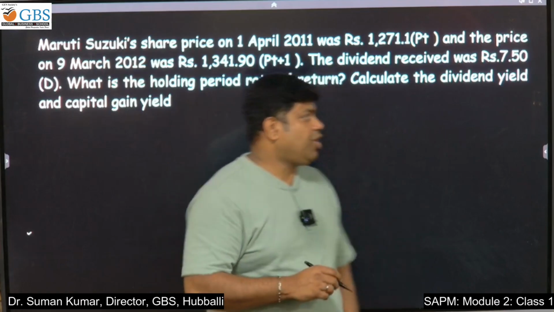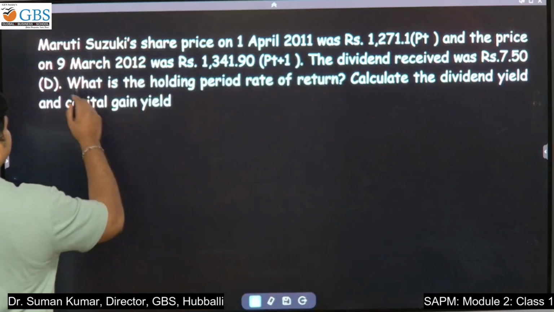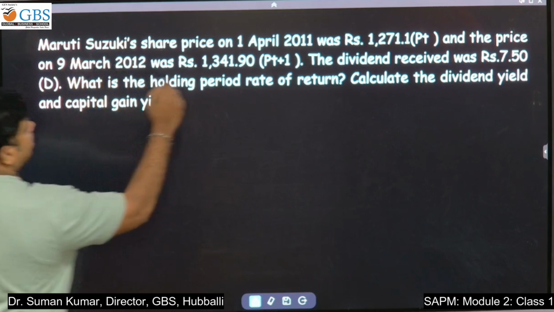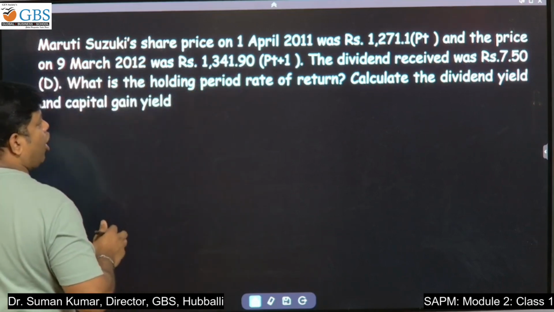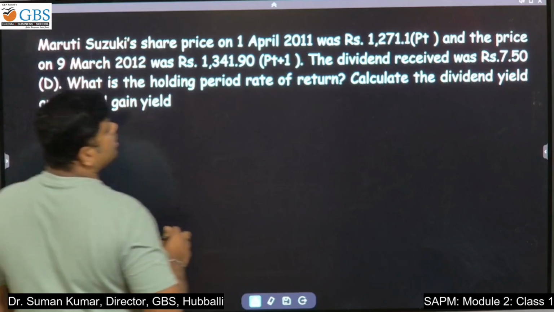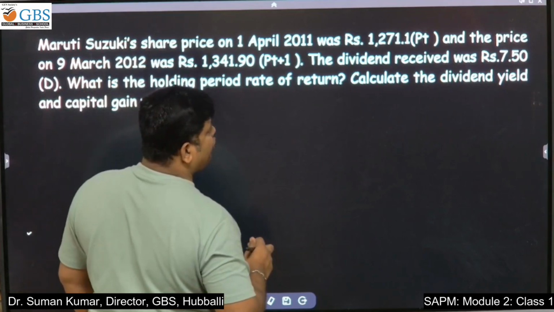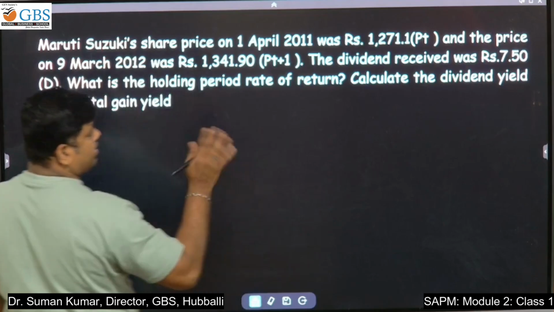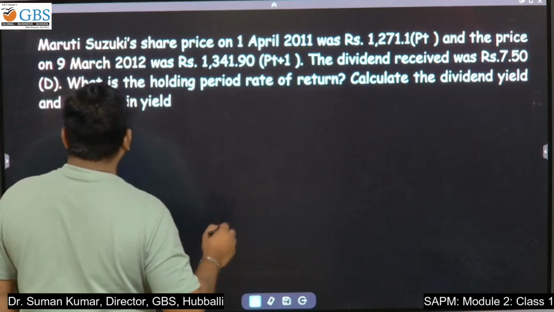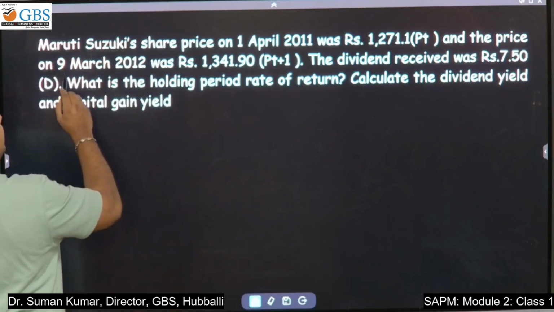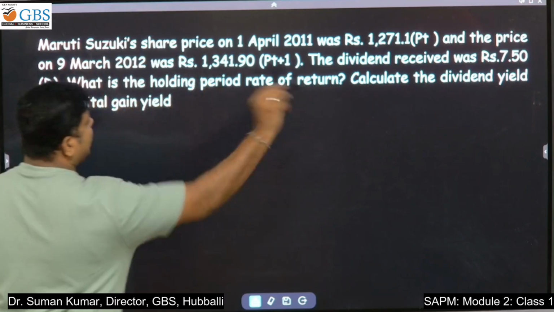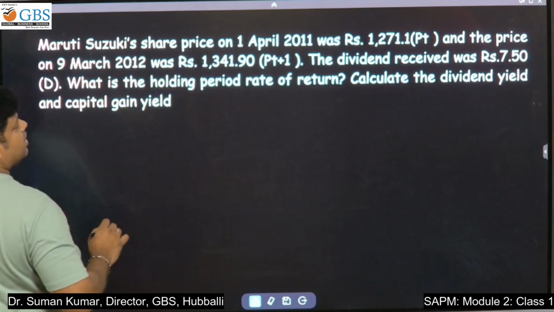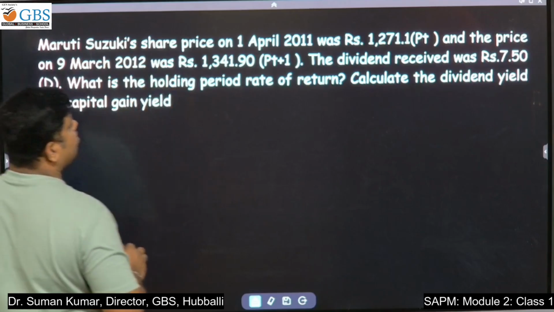So there are 3 questions. Let me read out the first. Maruti Suzuki share price on 1st April 2011 was rupees 1,271.1. The price on 9th March 2012, after a certain duration, was rupees 1,341.90.